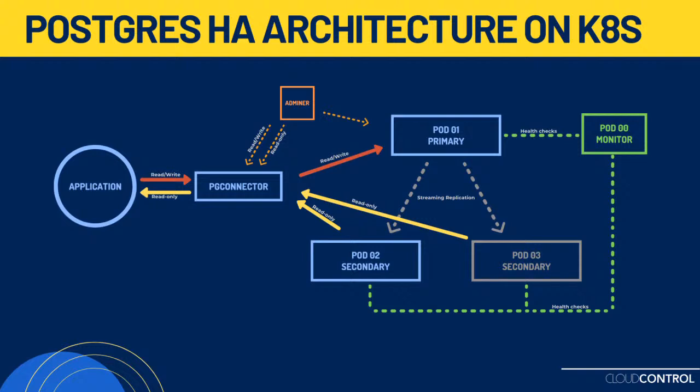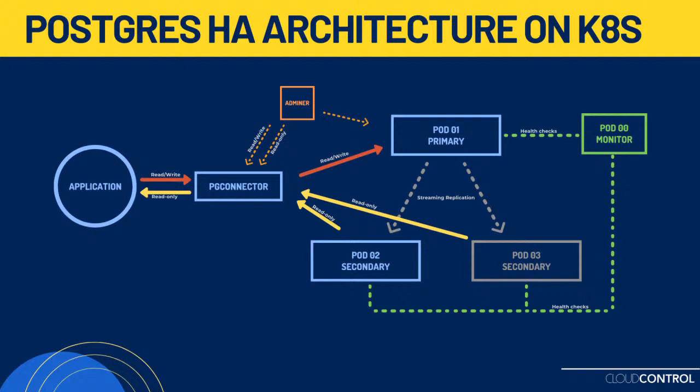But the components, if you look from the right-hand side, there are multiple pods. These are the stateful sets deployment of the PG auto-failover. As we are deploying three replicas, the first pod, pod 00, becomes the monitor node, which keeps track of the other pods and makes them either the primary or secondary.